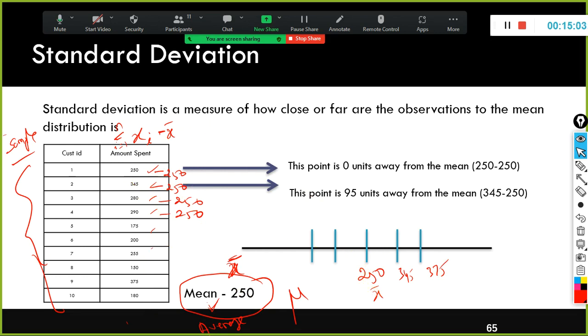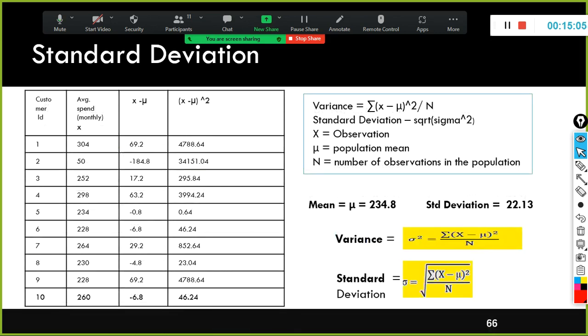The formula for finding the standard deviation is like this: xi minus the mean. In this case, I've used the notation mu, the population mean, or you can use x bar for the sample.